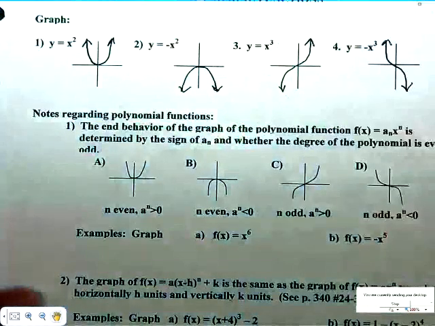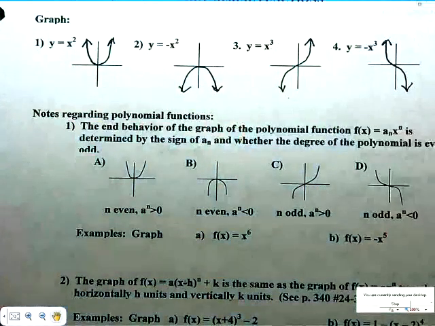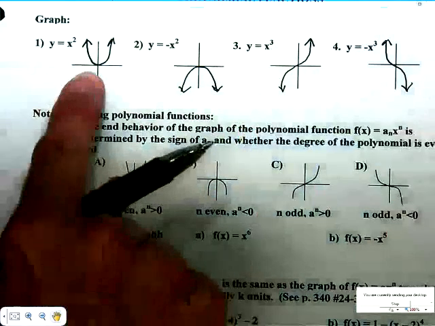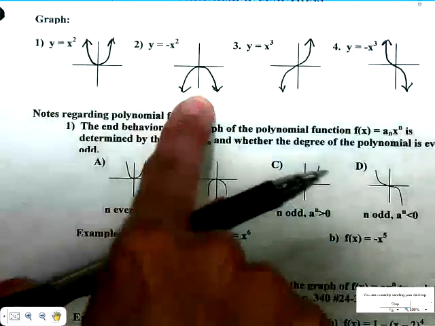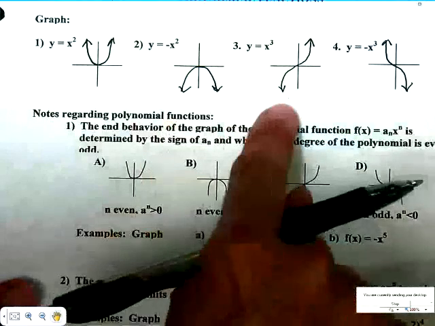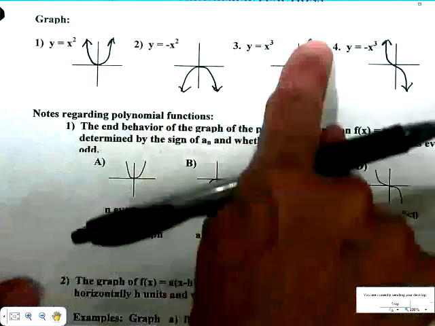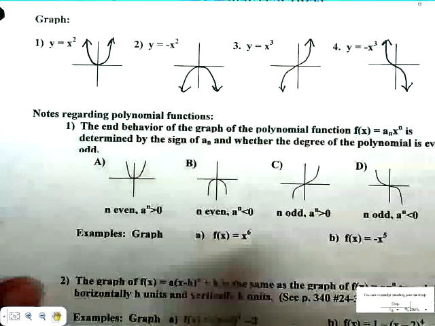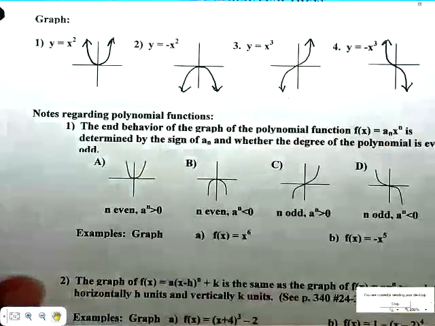All of those were in your library of functions before you took the last test. X squared is a concave up parabola. Negative x squared is a concave down parabola. X cubed is that ascending or increasing snake shape. And negative x cubed is that descending or decreasing snake shape.